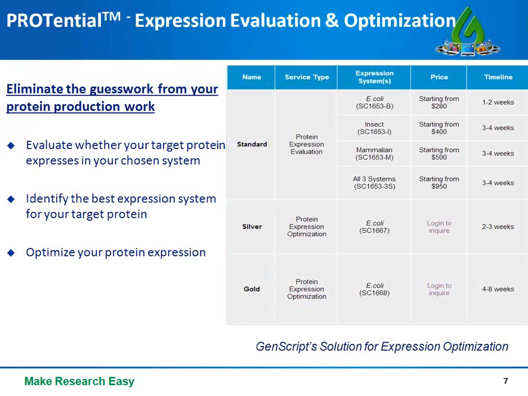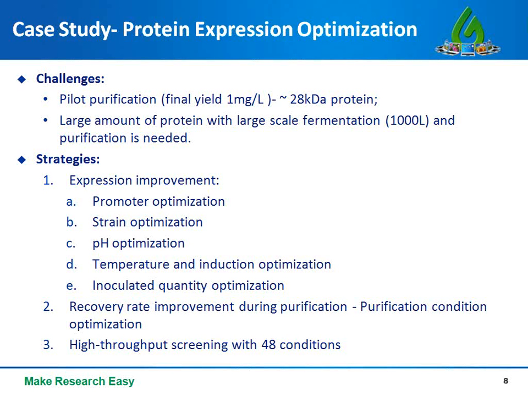In cases that your target protein didn't express the way as you desired, Potential Silver and Gold packages can help to optimize the expression conditions that give you the most robust soluble expression of your target protein. It is a proven, efficient, and cost-effective way when challenges arise in your protein production.